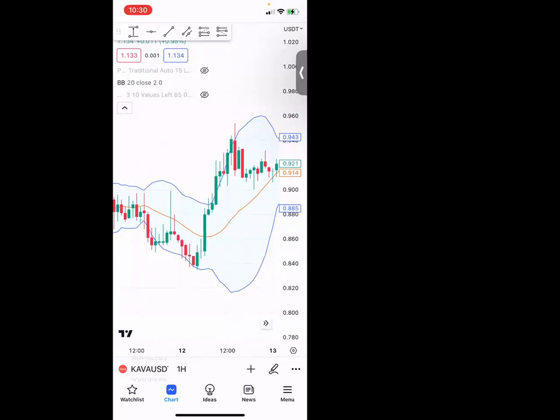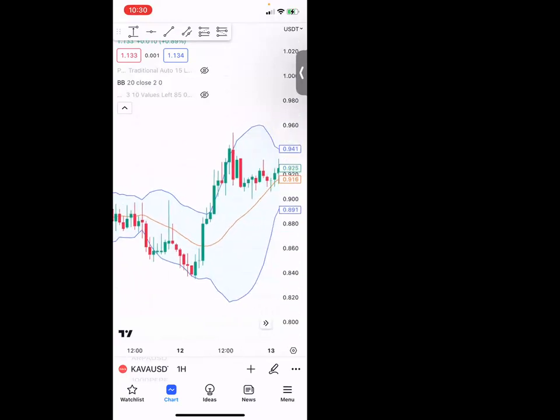The buyers are now coming to take up, and then they push the market high. When do you know that these guys are exhausted? Just wait for the prices to come back to the lower band. If the market comes back to the lower band, it will give you a very good opportunity.